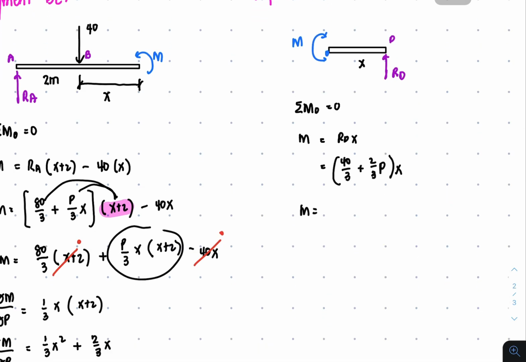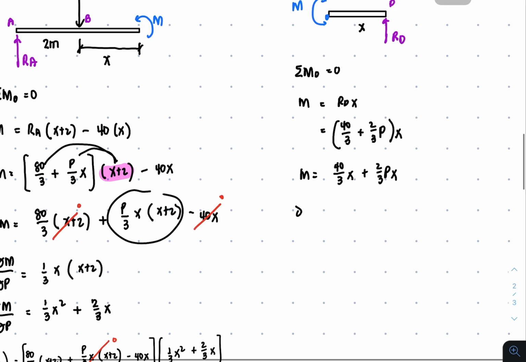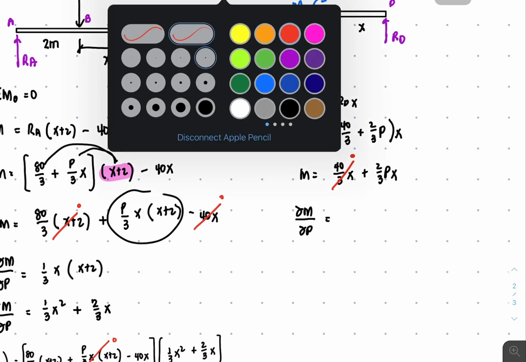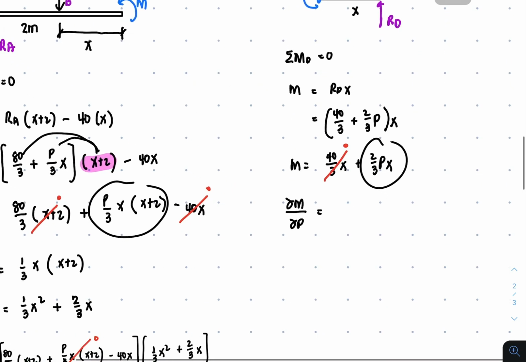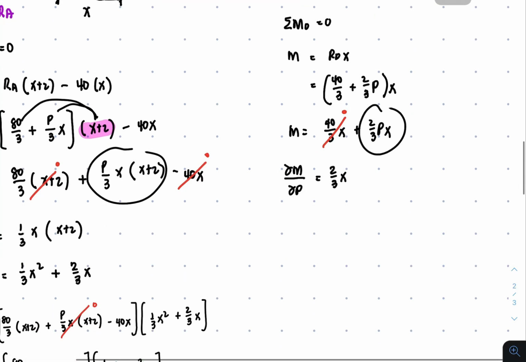So it's going to be now 40 over 3x plus 2/3 of Px. To get the partial derivative of this equation, all we have to do is set this one to 0 first, and then only this you're going to differentiate. So it's going to be 2/3 of x.